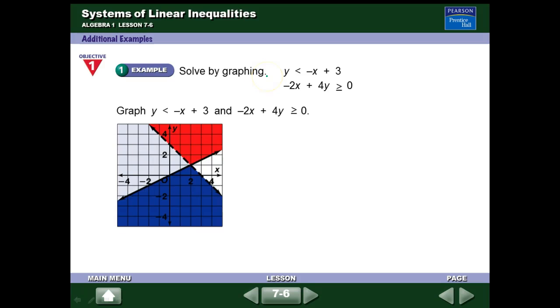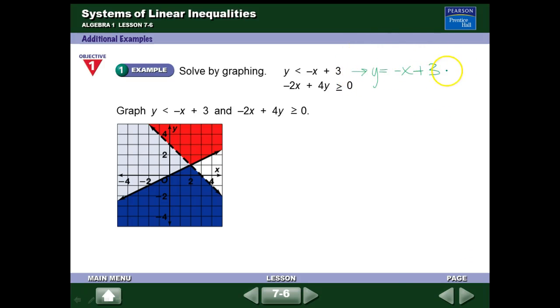So this is just a completely different problem. You can almost ignore this area and just focus on this top part here. The first thing we do here is we pretend like this is really y equals -x plus 3. You guys know how to graph this line.